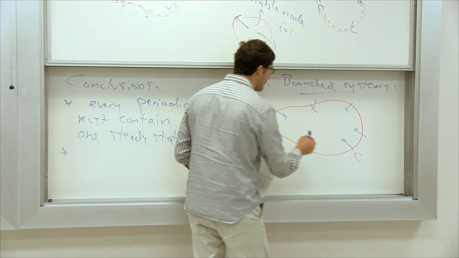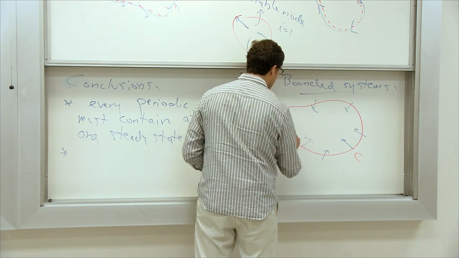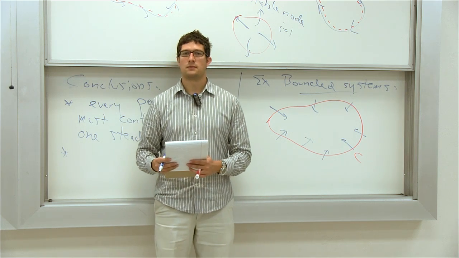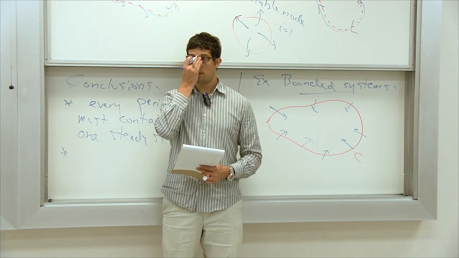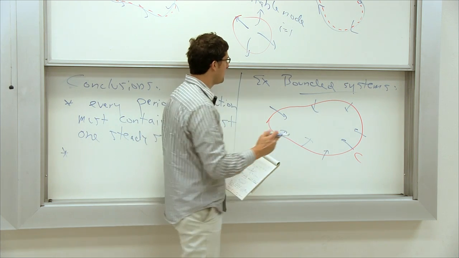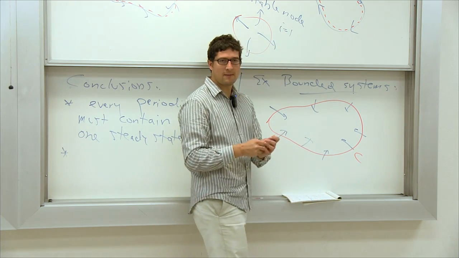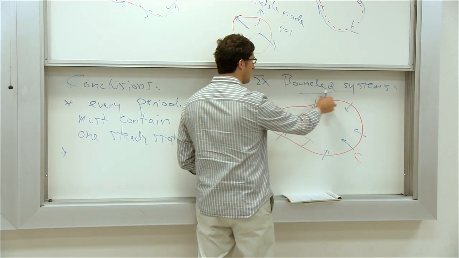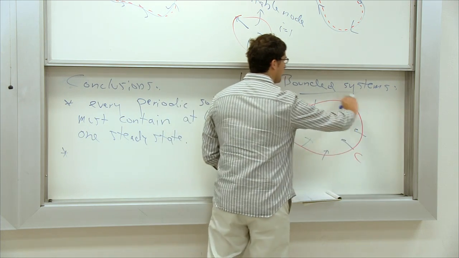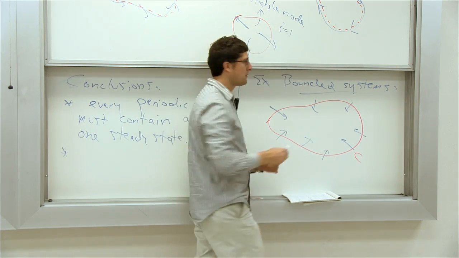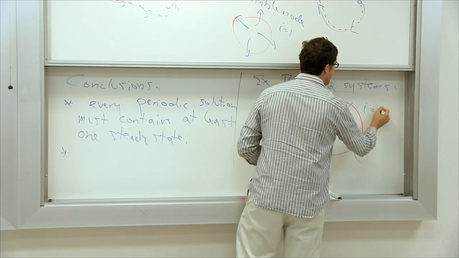And if all the arrows are pointing to the inside, then what's the index? The index is 1, right? It's basically the same thing as a stable node, right? You start here, you go around, index is -1. Sorry, 1.